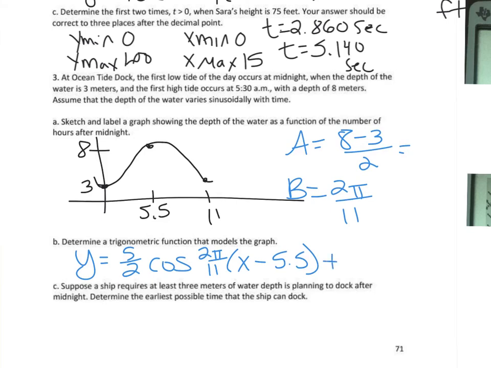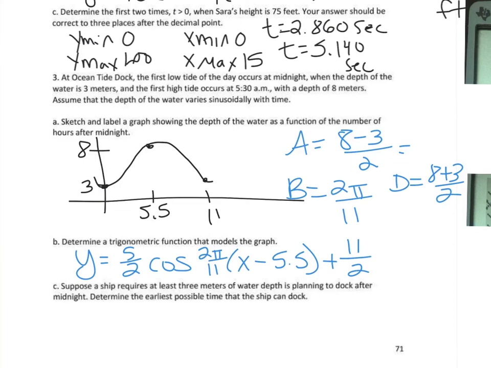And then the midline D is 8 plus 3 divided by 2. Don't freak out that there's so many fractions. It's okay. Suppose the ship requires at least 3 meters of water in depth to dock after midnight. Determine the earliest possible time that it can dock.